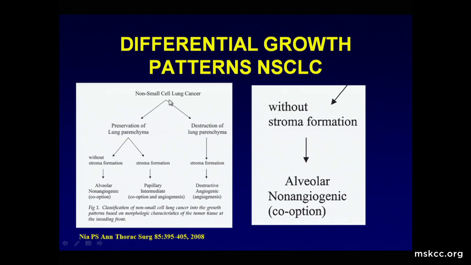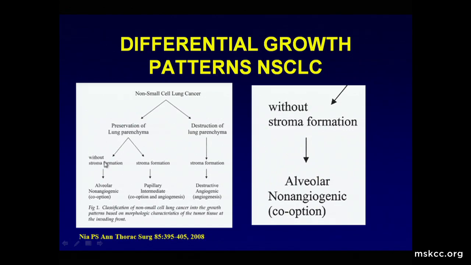So as we wrote the original article, it was interesting to go back and look as to what is the biology of this. And interestingly, there's this concept of angiogenesis where, as far back as a decade ago, some research investigators have been classifying tumors with preservation of lung parenchyma versus destruction of lung parenchyma.